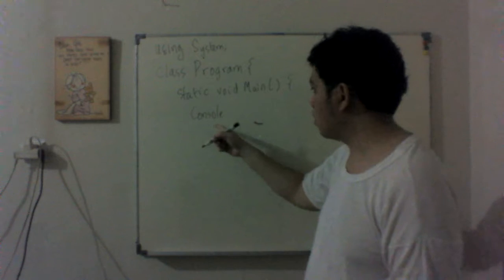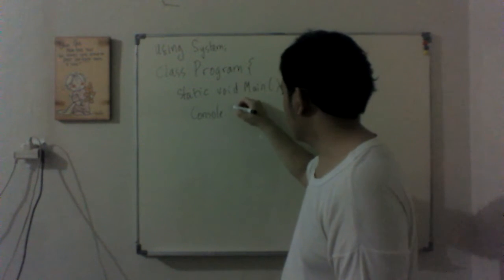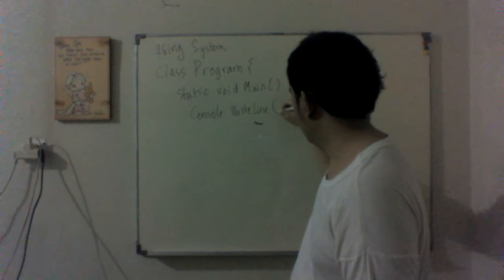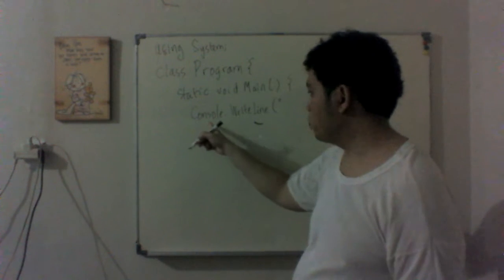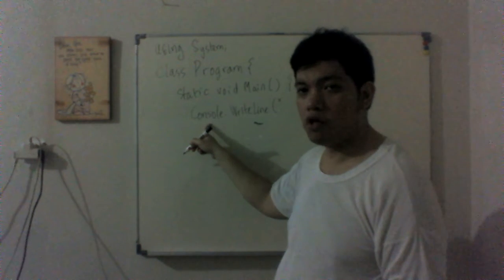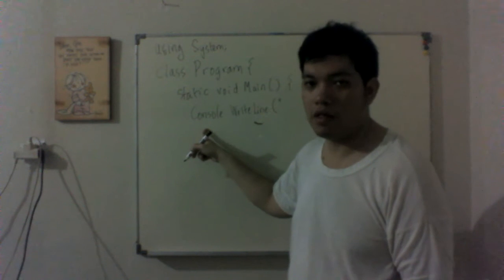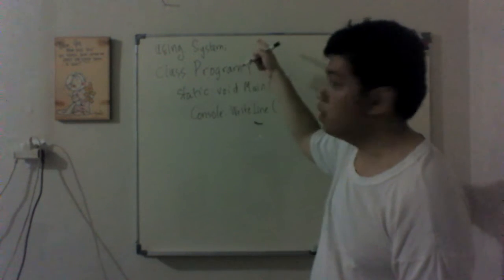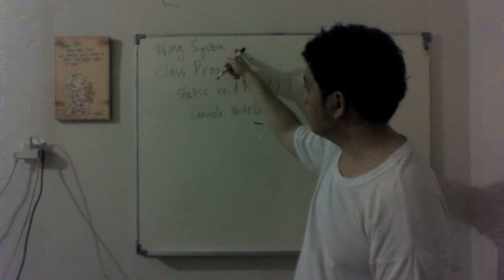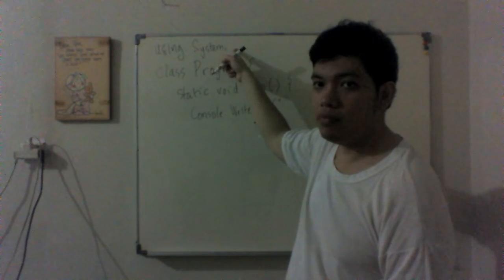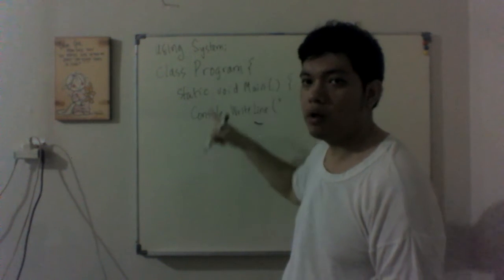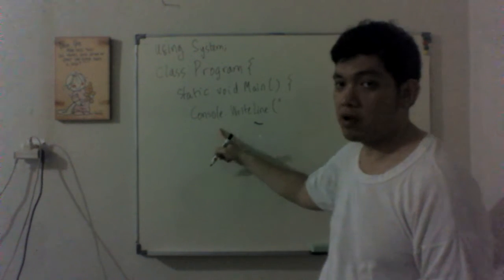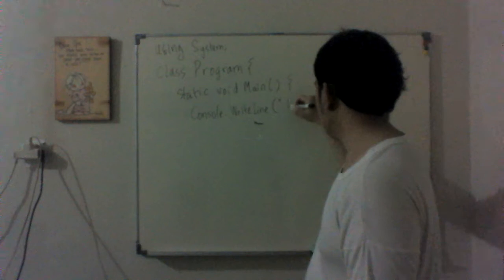Over here it is Console.WriteLine. Actually the full name of this is System.Console, but since we already put the System namespace over here, we don't need to mention it anymore in the program. Okay. So Hello World.